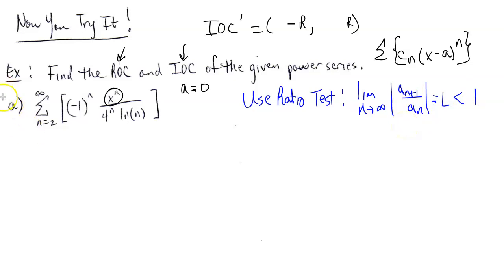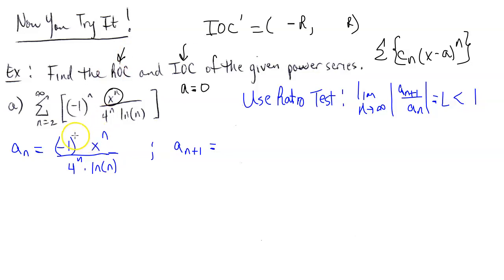First things first, we need to identify what a sub n is, and that's just the sequence that makes up the series itself. Now for a sub n plus 1, everywhere we see n, we're going to replace it with n plus 1.